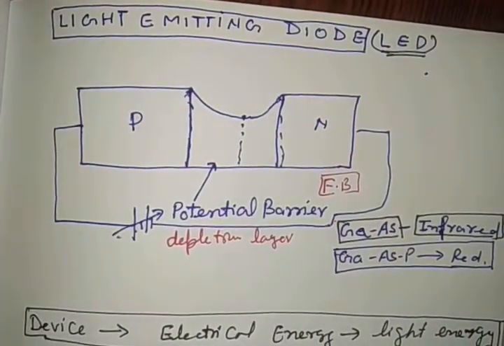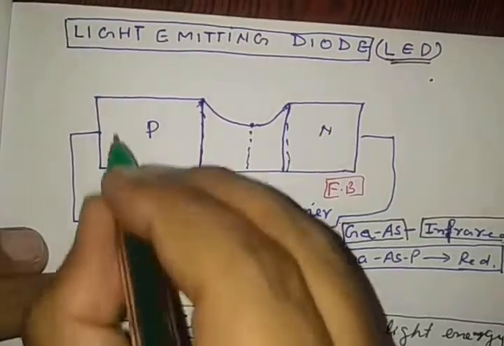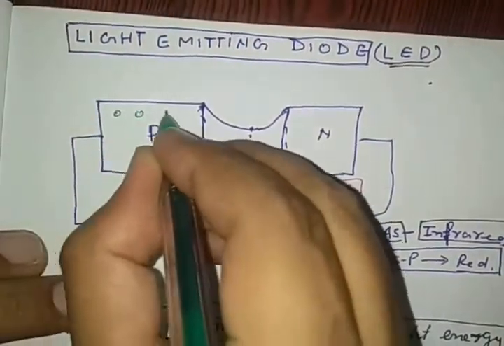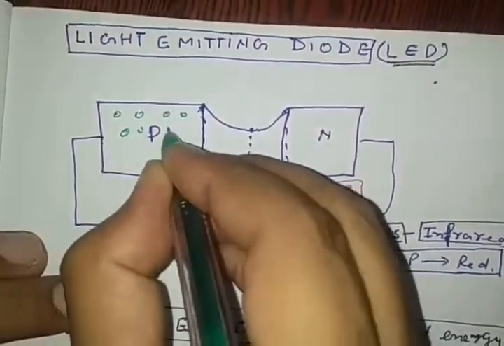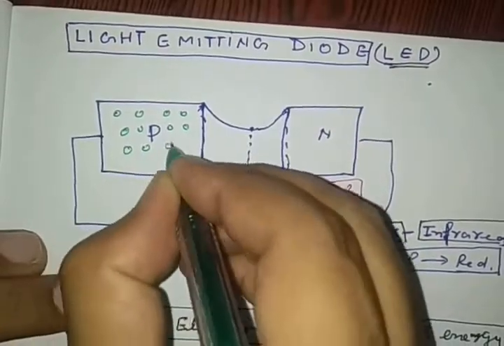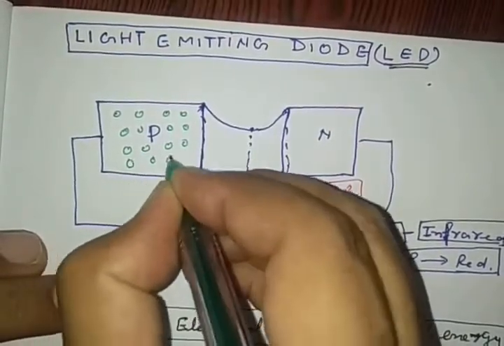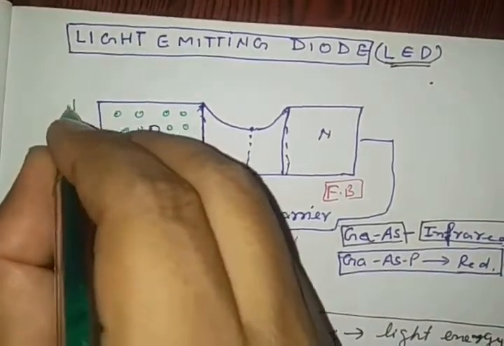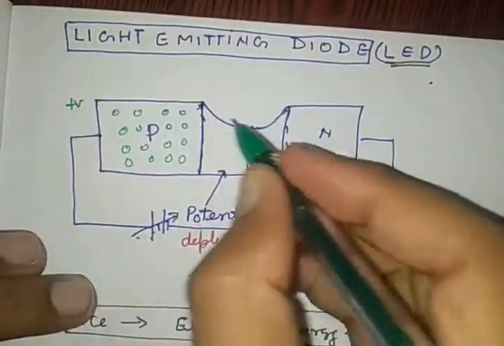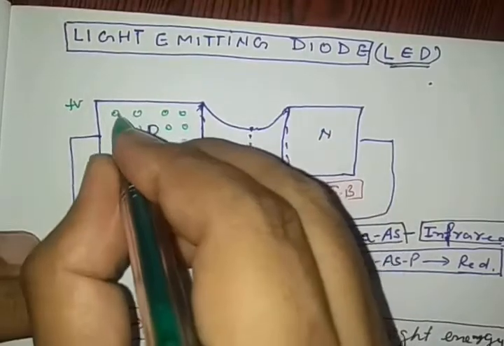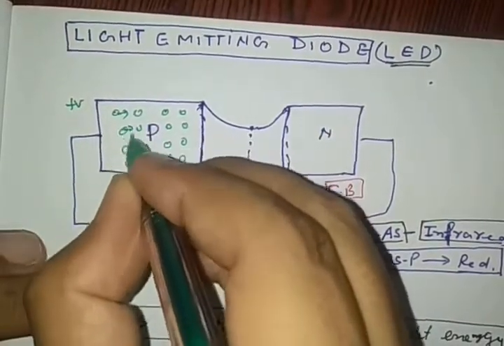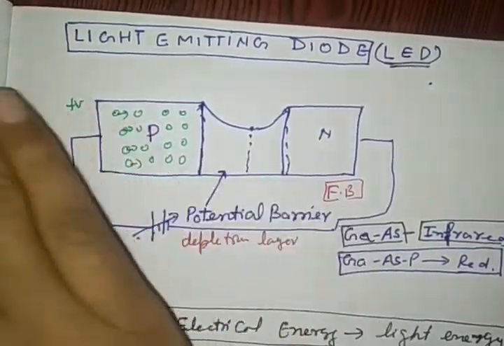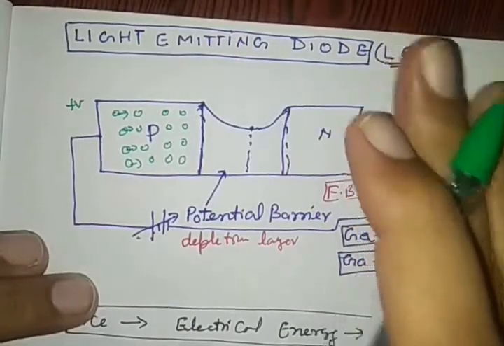We know that majority charge carriers are holes in the p-type semiconductor. When positive potential is set up, there is a repulsion, so these holes are repelled towards the junction.